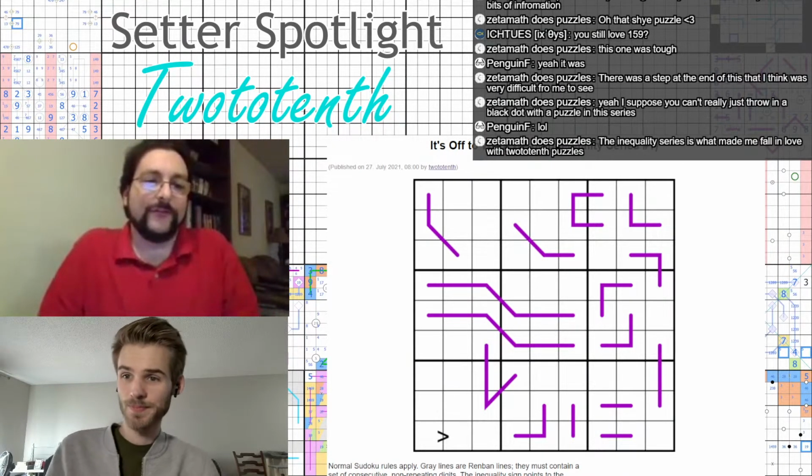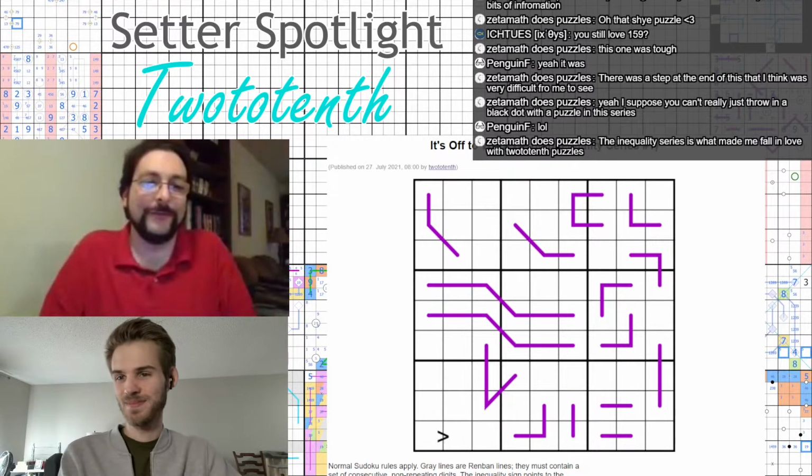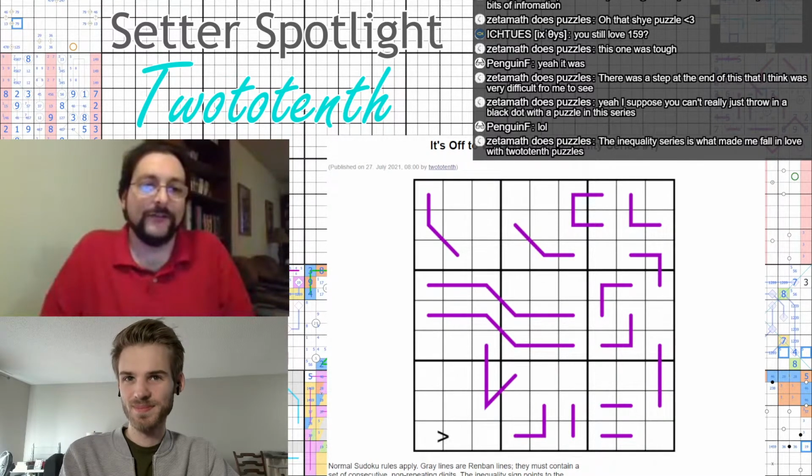In the inequality series, I will spend an unreasonable amount of time obsessing over exactly where the inequality is going to go in the logic, in terms of which cells you get to at the very end of the solve path. I also want it in a space where you can clearly see it and it stands out, because if it's cluttered in with the rest of the lines, I don't think it's as pleasant to look at. So I want it to be on its own in the grid.